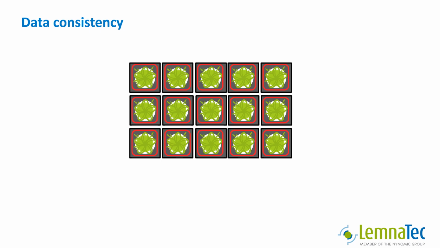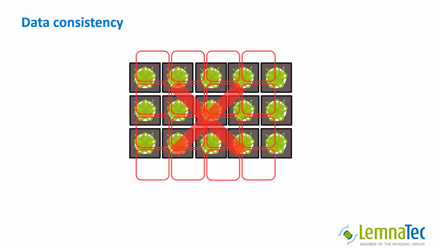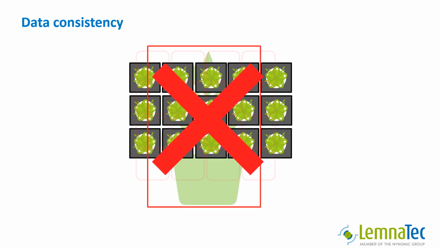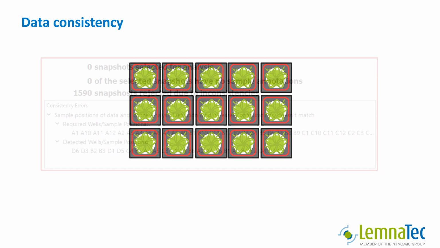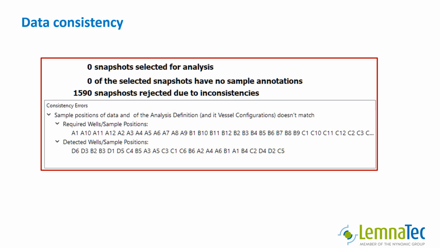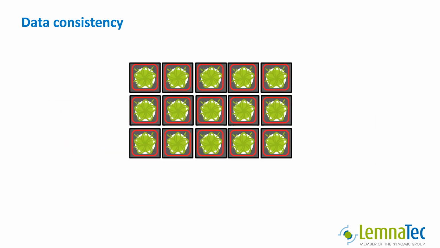Then the system won't let you execute an analysis definition for 4x4 plants, or just a single plant, because the snapshot has already been annotated for 3x5 plants. If you want to submit such a combination of snapshot and analysis definition, it will be marked as an inconsistency. This way, we enforce consistency in your result data.